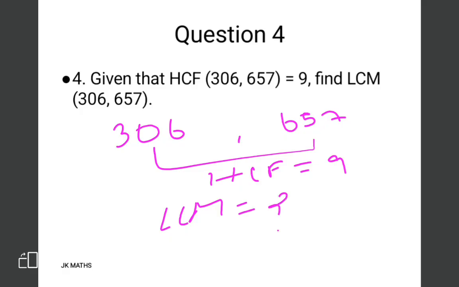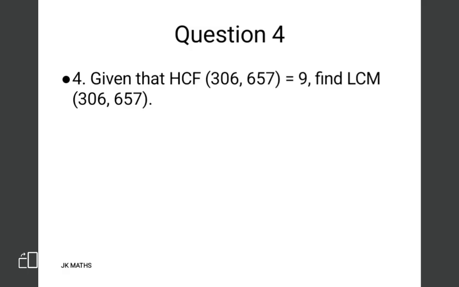What is LCM? I'll teach you a simple formula which will be useful for this type of question. In the previous sum, in the second sum I think, we have proven that LCM into HCF is equal to the product of two numbers. Am I right?